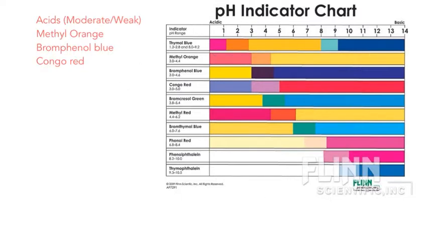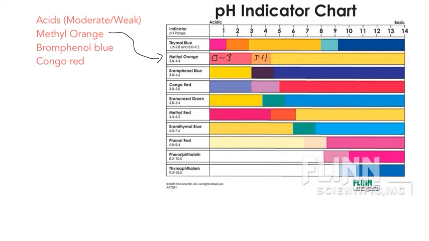Now there's other indicators that are more suited for moderate weak acids, which would be methyl orange, bromophenol blue, and Congo red. And we can see that because if we're looking at methyl orange, so this one right here, we can see that it has two color bands that are in your acid range. We have the pink, which is from 0 to 3, but we have this really good margin right here from 3 to 4 of orange.